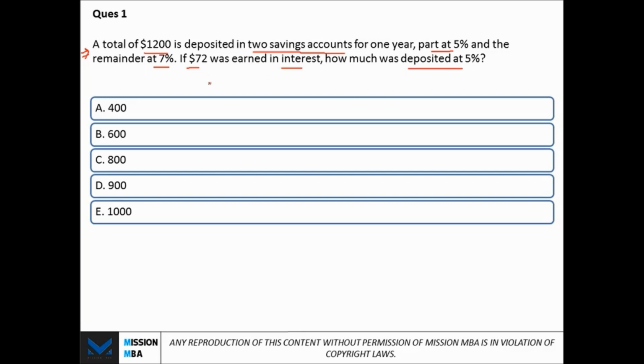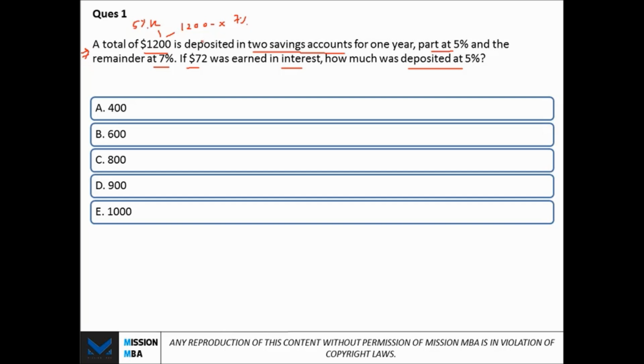Now guys, in such questions, what a normal person does is simply assume one account as X and the other as 1200 minus X, and then apply a lot of calculations. Once you assume them as X and 1200 minus X, you'll multiply 5% to one and 7% to the other.